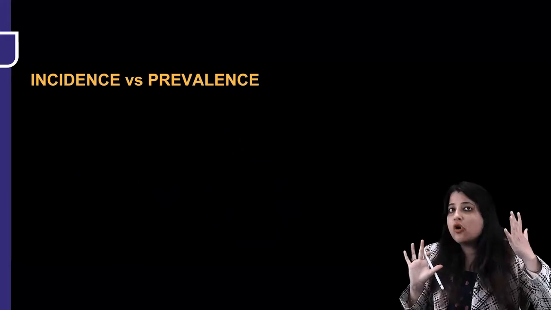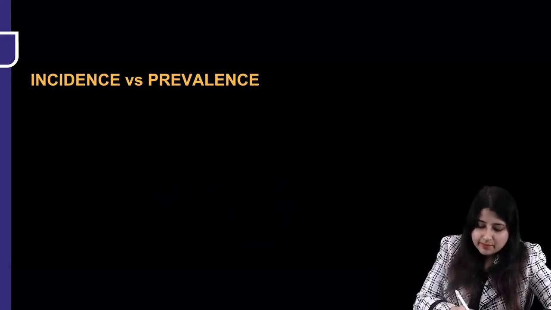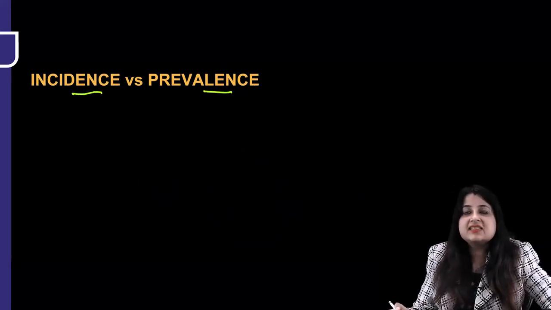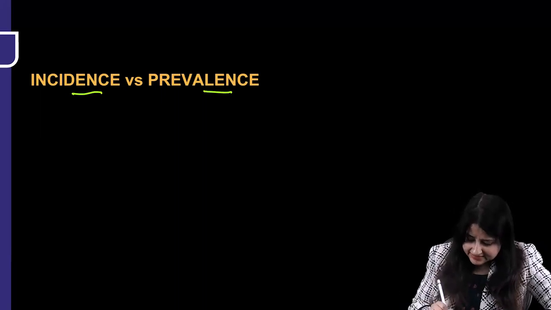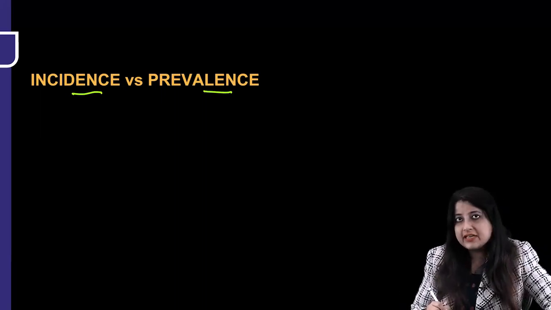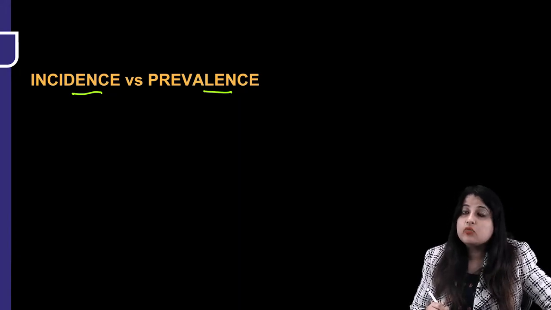The most commonly asked question from this topic is difference between incidence and prevalence. So, what is incidence, everybody? If I say calculate incidence, what should I say? We say incidence rate. Okay, so what is incidence? Is it rate, ratio, proportion?